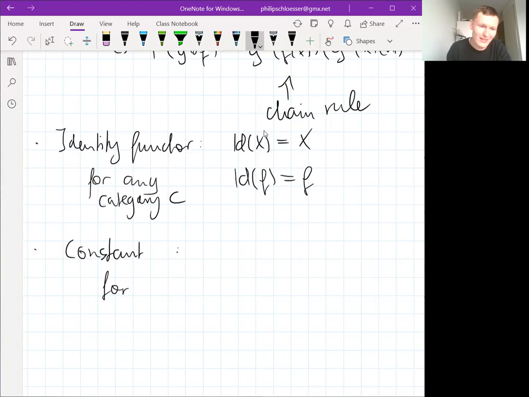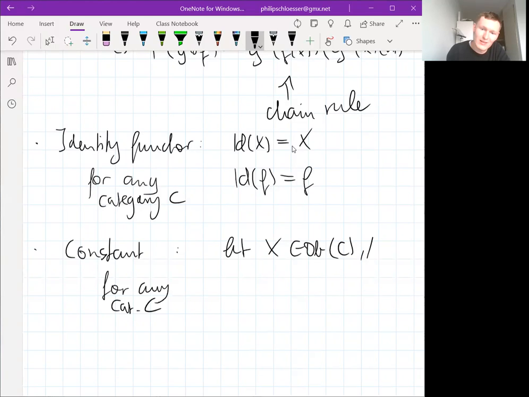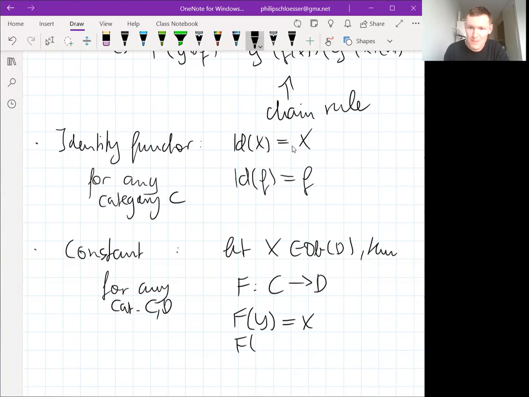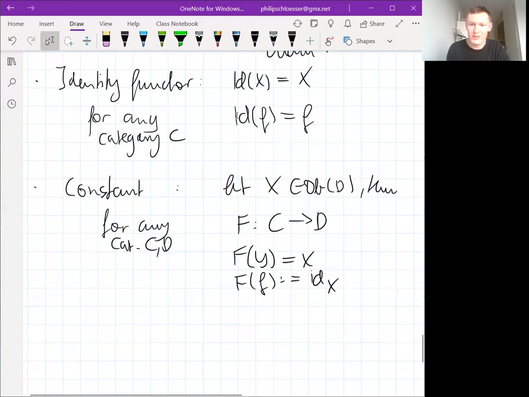For any category C, let X be an object of... okay, we should probably have two categories, C and D, and X should be an object of D. Then we define F from C to D as: F maps every object Y to X and every morphism to the identity on X. Okay, boring, I don't know.